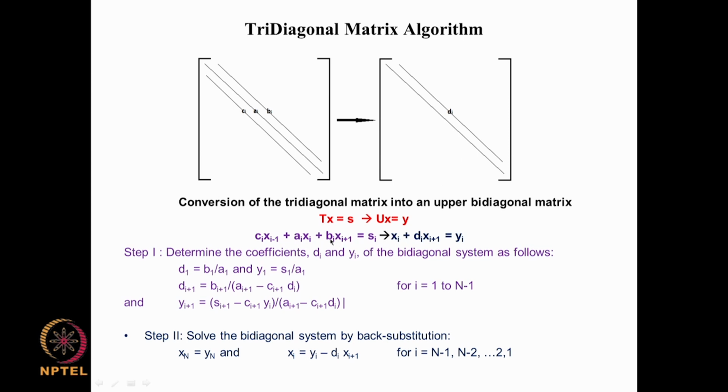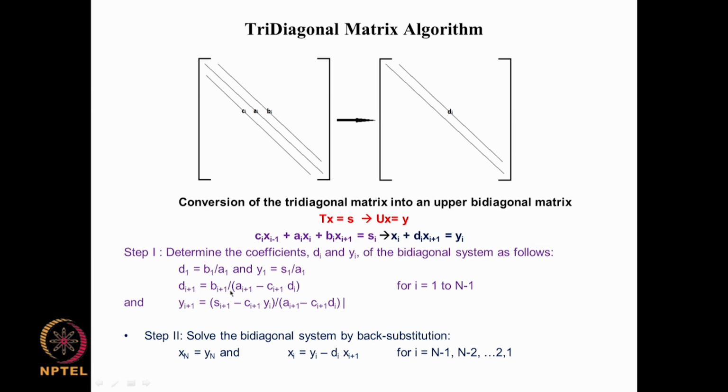Now we have also derived steps by which we can obtain the values of di and yi from the known Tx equal to S. That is, from known values of Ai, Bi, Ci and Si, to begin with we evaluate d1 equal to b1 by a1 and y1 equal to s1 by a1, and from then onwards we put di plus 1 equal to bi plus 1 divided by ai plus 1 minus ci plus 1 di.